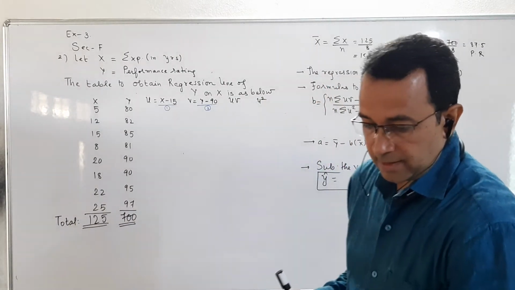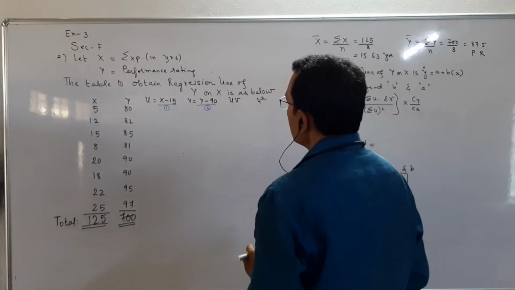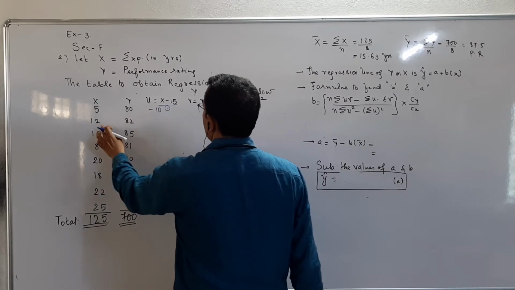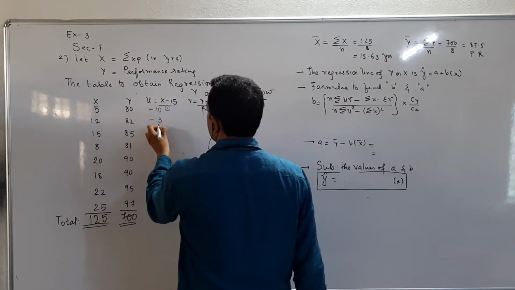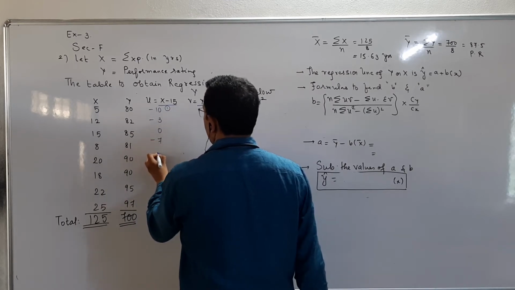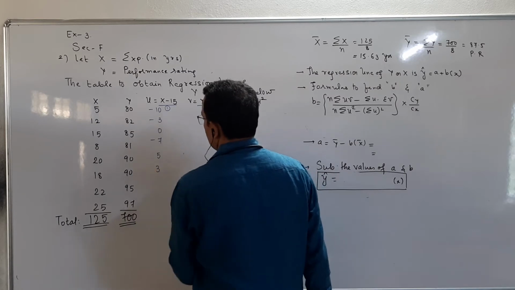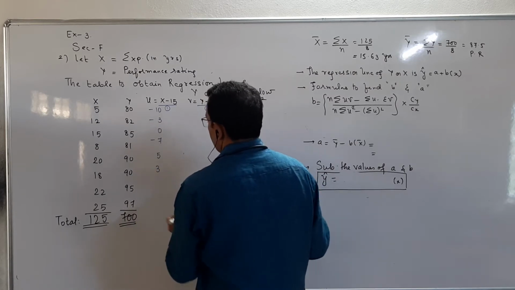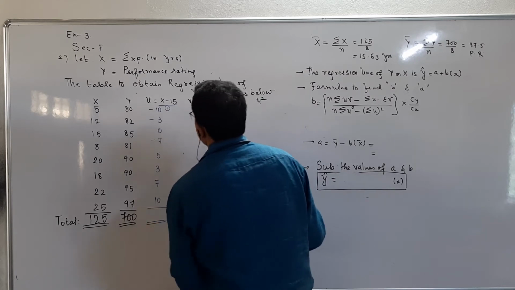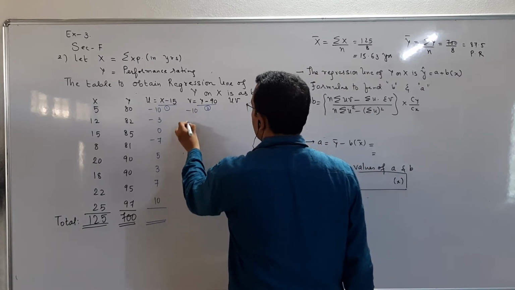Now students, let us subtract these values. Now 5 minus 15, so minus 10. 12 minus 15, so minus 3. 0. 8 minus 15, so minus 7. 20 minus 15, so 5. 18 minus 15, so 3. 22 minus 15, so 7. Here 10. Now 80 minus 90, so minus 10.